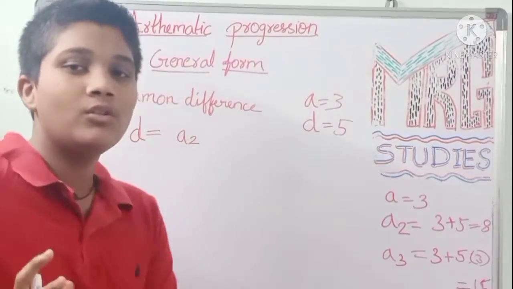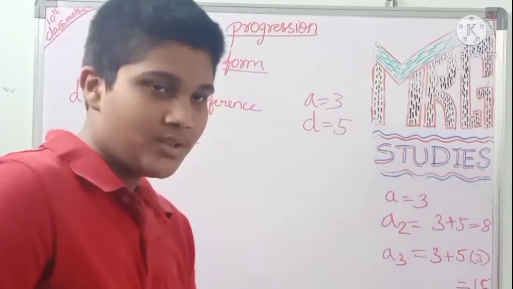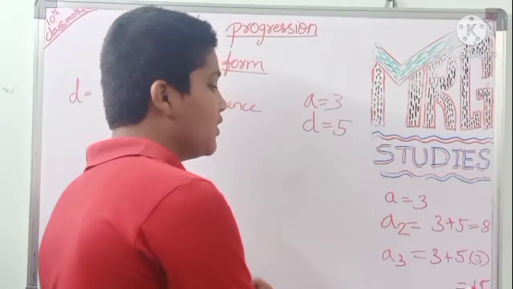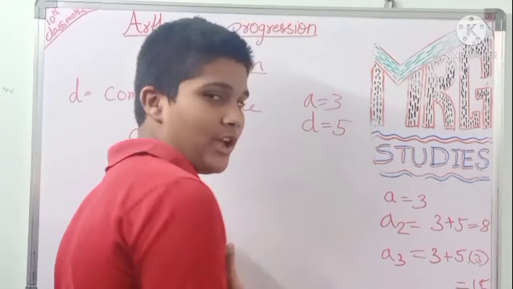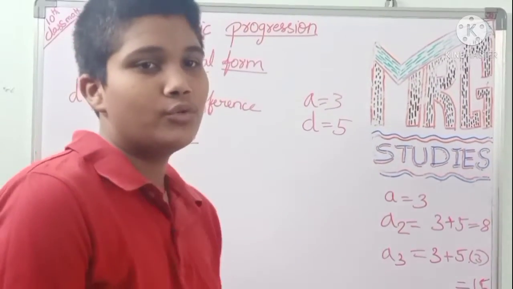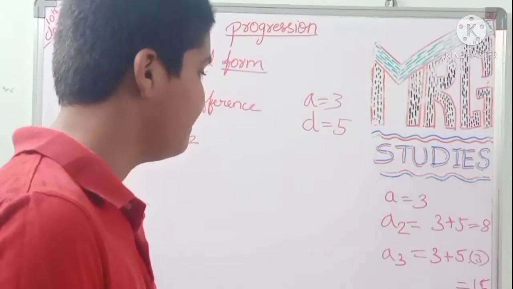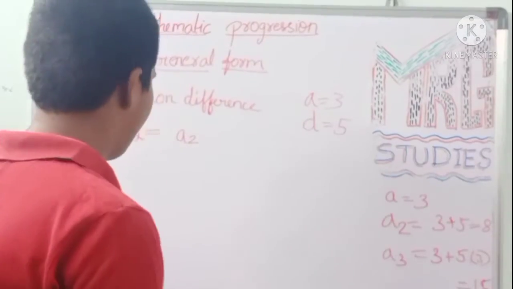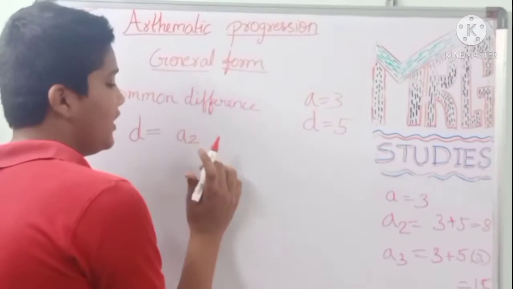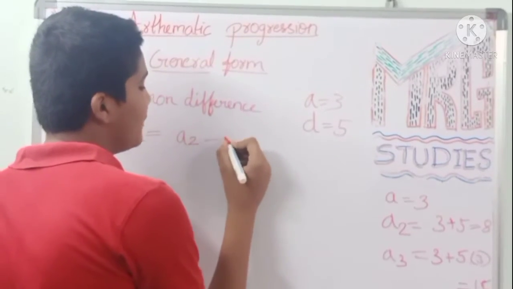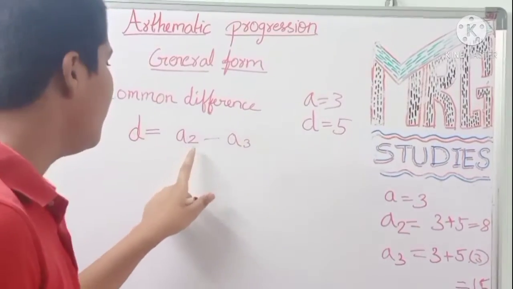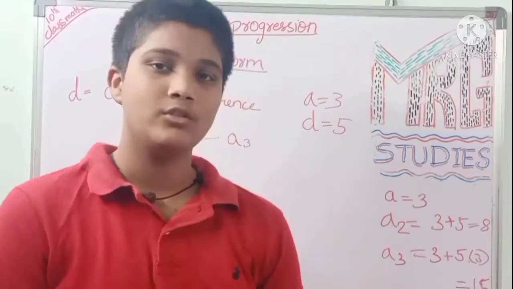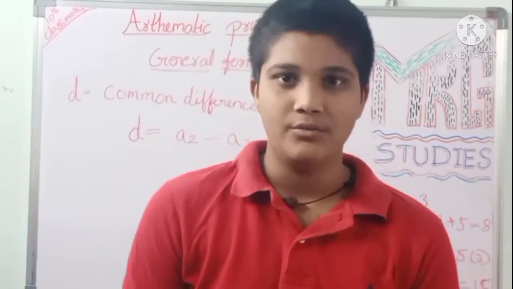So if you want to find the d value, we should do A2 minus A1. When you do A2 minus A1, you get the d value.